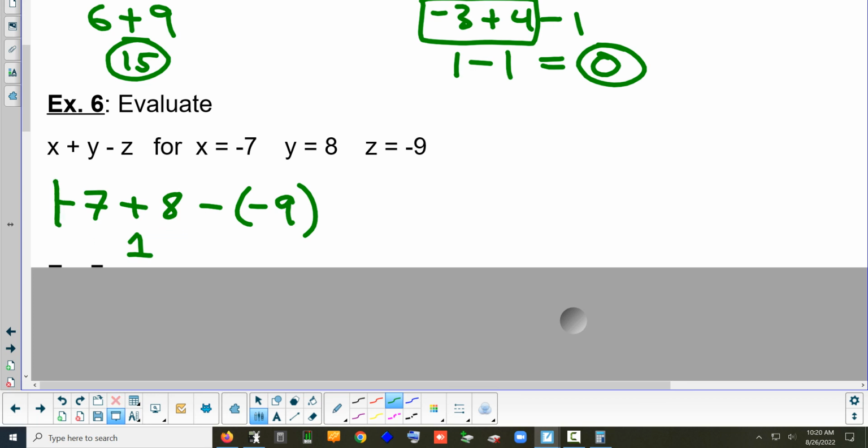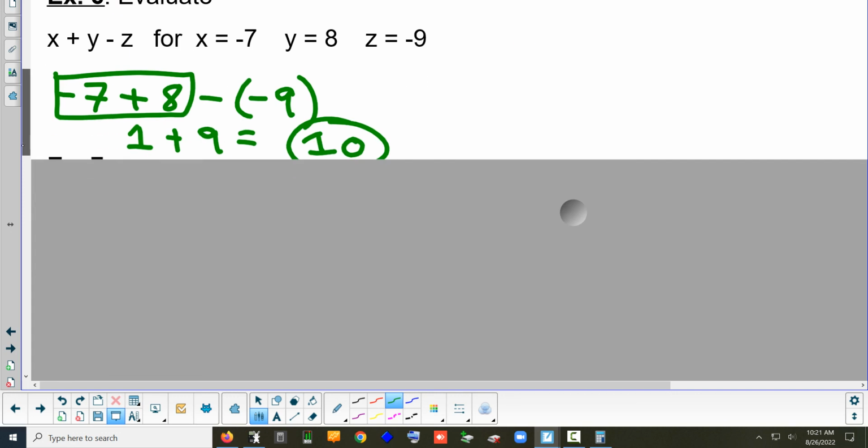Minus minus 9. What's going to happen when you do minus minus? Yes, Natalie? To a positive. It's going to change to a positive. So we end up with 1 plus 9, which Finnegan gives me how much? 10. That's it. You get 10. Any questions on that?